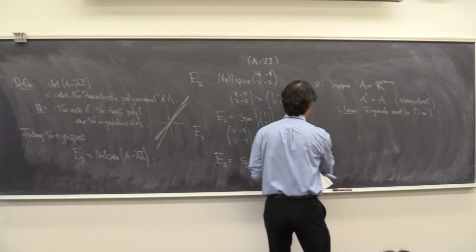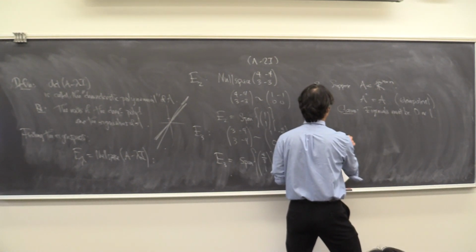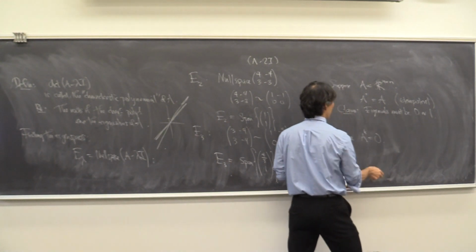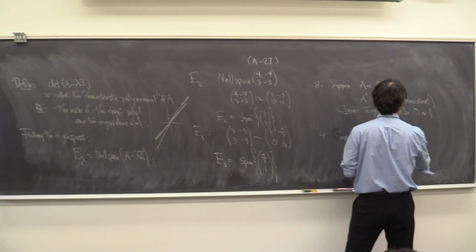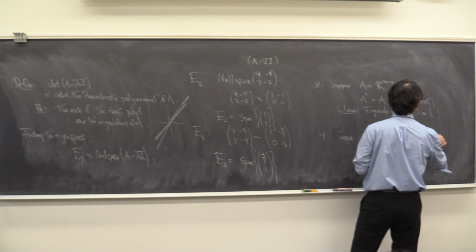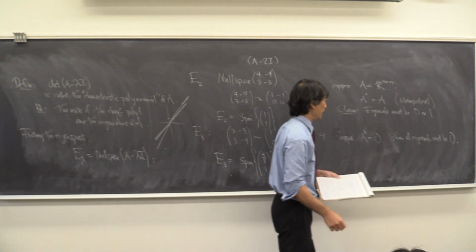And number 9, suppose that A to the k equals 0. Show that all eigenvalues must be 0. The only eigenvalue this has is 0.